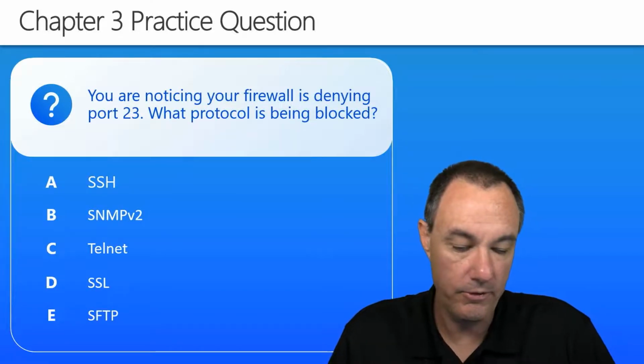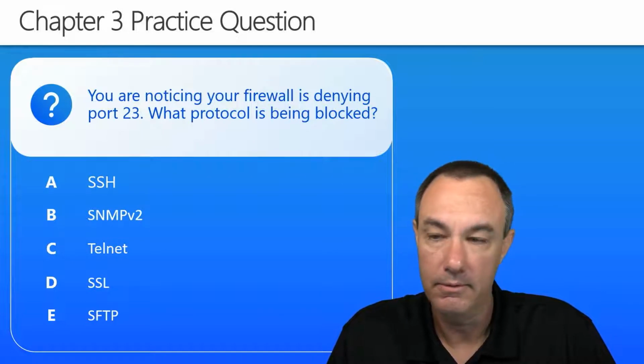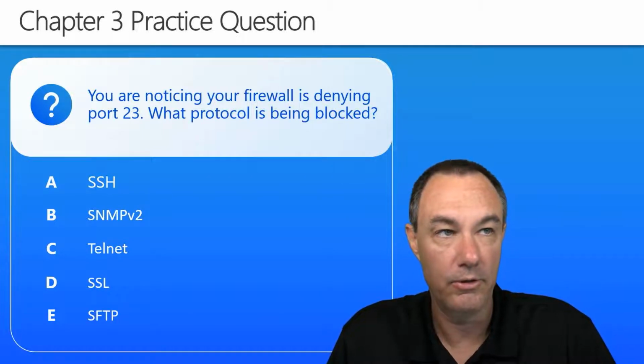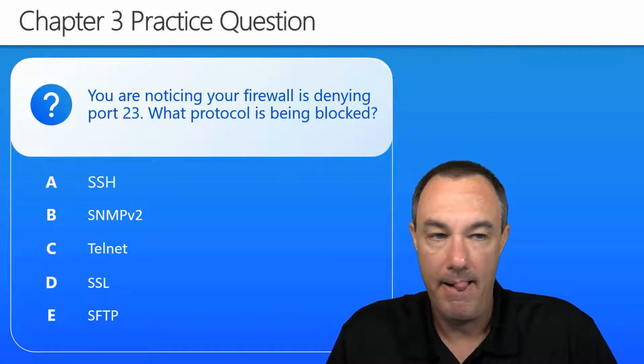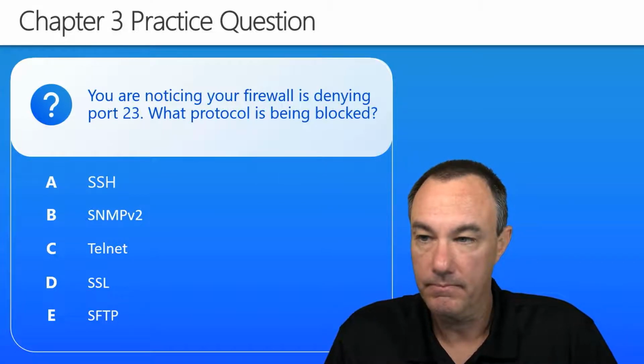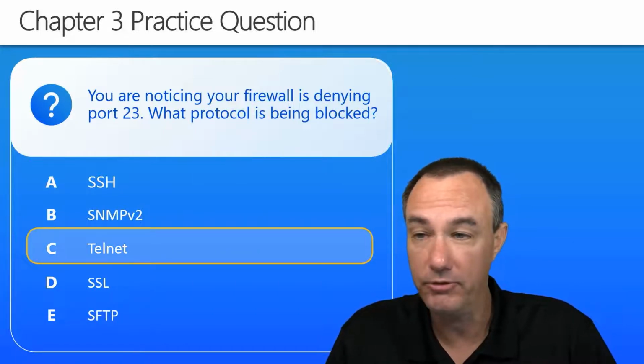Firewall techs do need to know port numbers. You're noticing that your firewall is denying port 23. What protocol is being blocked? And a lot of times, Telnet won't even be a service that's on for your equipment.